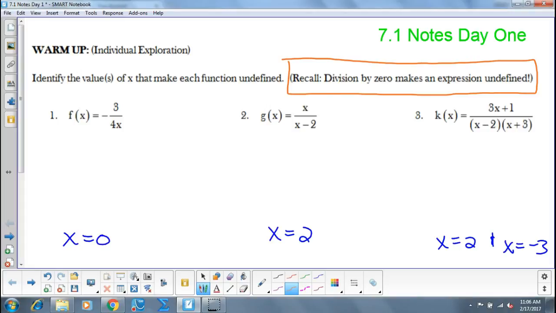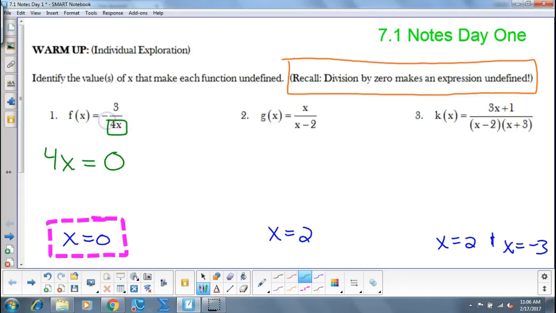So in this first equation, I would set 4x equal to 0 and solve for x, because then my function is undefined, because the denominator would be 0. Divide both sides by 4, x equals 0 for that one.